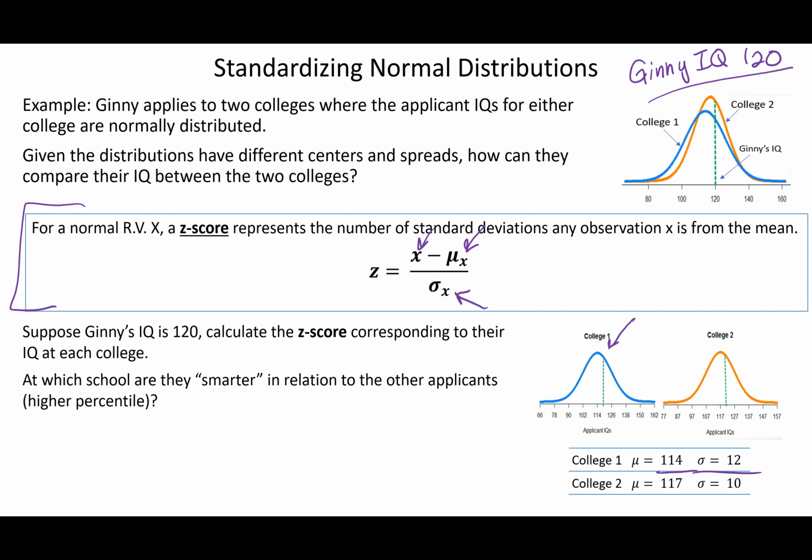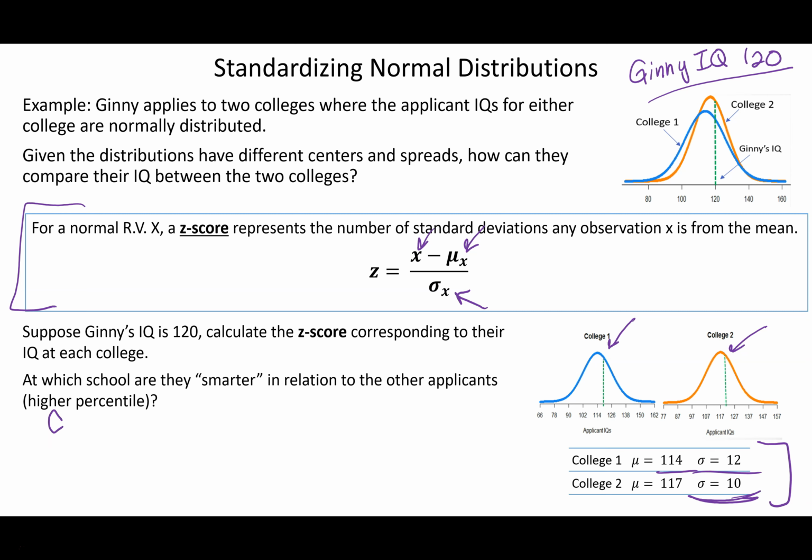College 2, the average is 117, and they have a slightly smaller standard deviation of 10. Oops, my notifications must be on loud on my phone. Sorry about that. So we have this question now: at both schools, they did above average, but at which school did they do more above average?